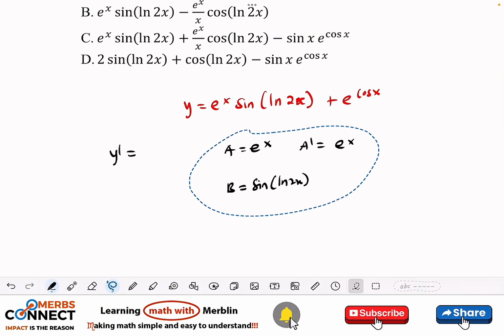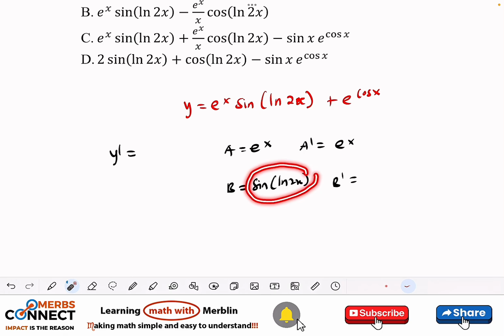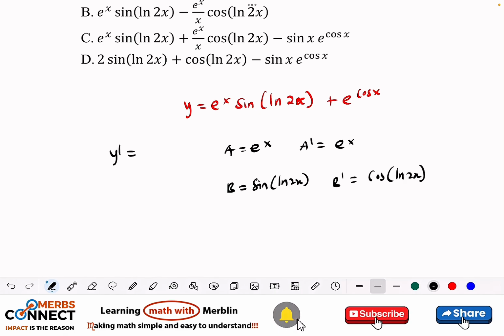Let's figure it out. So b prime, here we need to use the chain rule. First the derivative will hit the sine. So I'm going to have cos ln of 2x times, then I need to differentiate what is inside the parenthesis, which is ln of 2x.